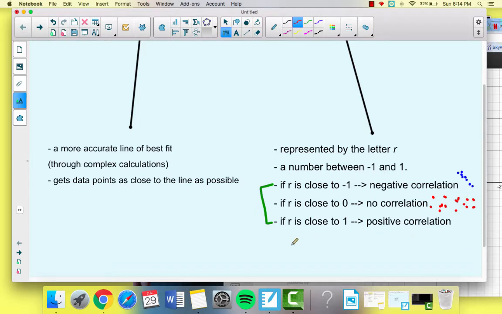If R is close to 1, so maybe 0.75 or 0.95, then it's a positive correlation, so your data would be going upward and look somewhat linear. This is really important because it tells you the type of trend you have in your data, not just being able to look at the equation.